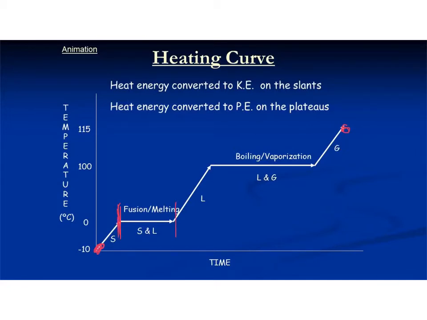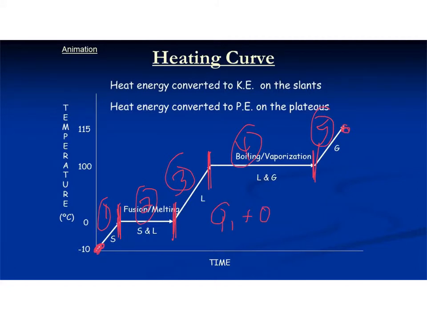Here's section 1, 2, 3, 4, 5, and then you calculate the Q for each section: Q1, Q2, Q3, and so on, and you add them all up to get Q total.